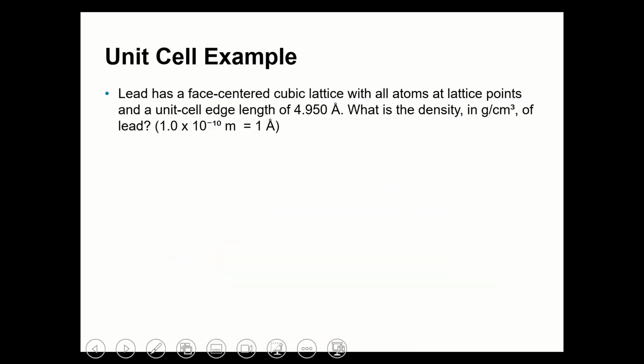Okay, so for the rest of this video, we're going to go through several practice examples looking at the math behind these 3 different types of unit cells. So, typically they are going to have to talk about the density. And remember that density is going to be equal to mass divided by volume.